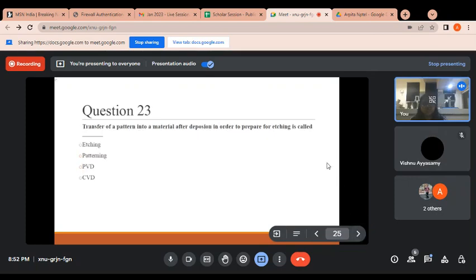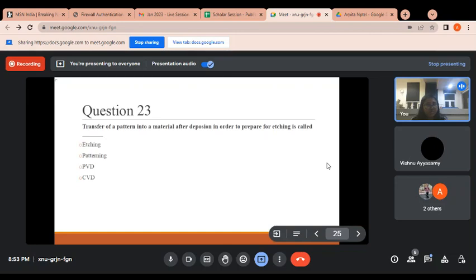So this is the next question, question number 23. Transfer of a pattern into a material after deposition in order to prepare for etching is called etching, patterning, PVD or CVD. Which is the right answer?